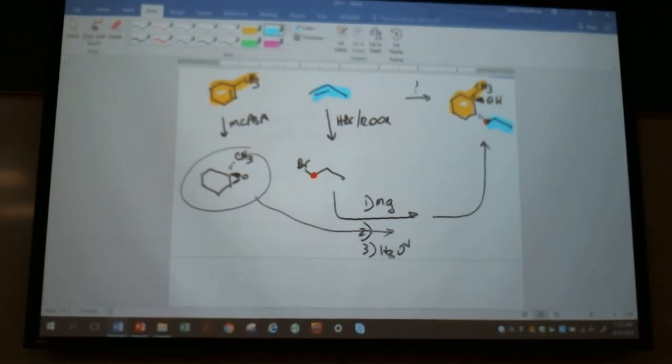Esters are made from carboxylic acids and alcohols, which are made from alkenes, which are made from alkyl halides. We're going to continue doing syntheses, and you need to know these strategies. You just cannot pass this course if you don't know these types of reactions.